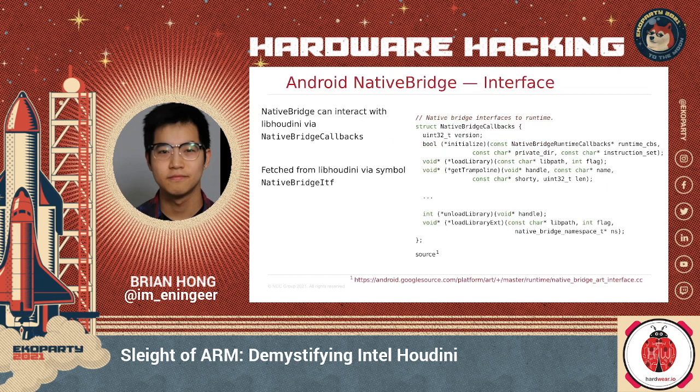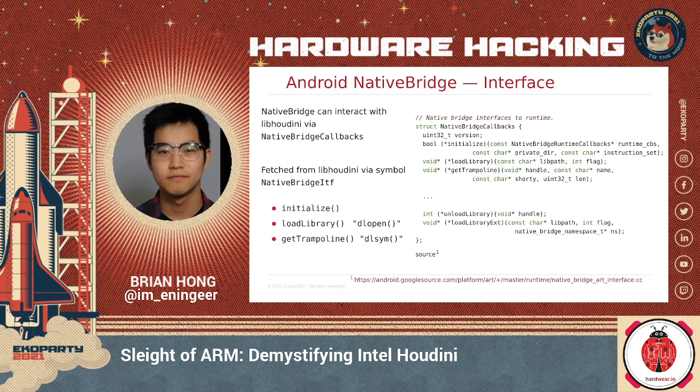The second, more interesting struct is called the Native Bridge Callbacks, and it is basically the opposite. It provides a way for the native bridge on our Android side to call functions in libhoudini. There's a handful of function pointers in there, but I think the most interesting are initialize, load library, which is similar to dlopen, and get trampoline, which works similarly to dlsym, which I'll get to in a bit.